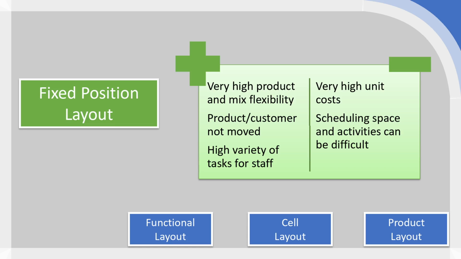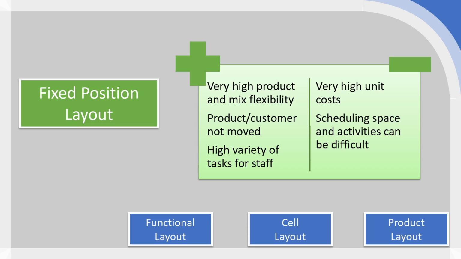Just a quick note on service processes. We did say that service processes can be a little looser. They don't adhere so closely to this spectrum as manufacturing processes do. But an example of a fixed position layout for services would be something perhaps even around hairdressing.